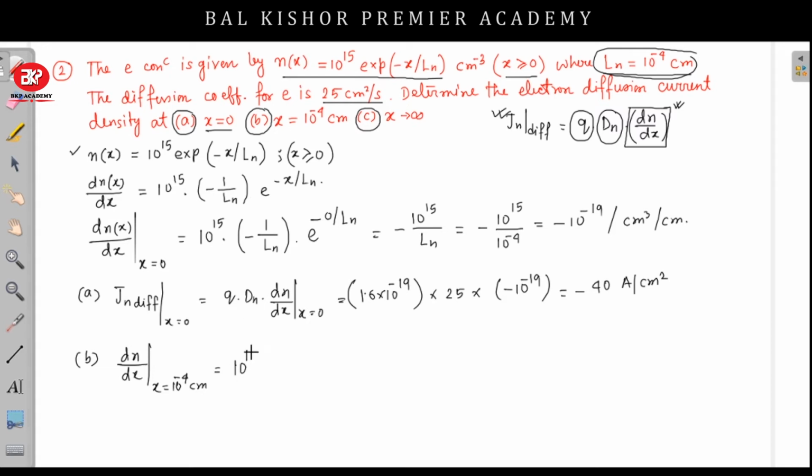So it will be 10 to the power 15 into minus 1 by Ln into e to the power minus 10 to the power minus 4 divided by Ln. The Ln value is also given as 10 to the power minus 4, so we can cancel the Ln and 10 to the power minus 4. Ultimately it will be e to the power minus 1.